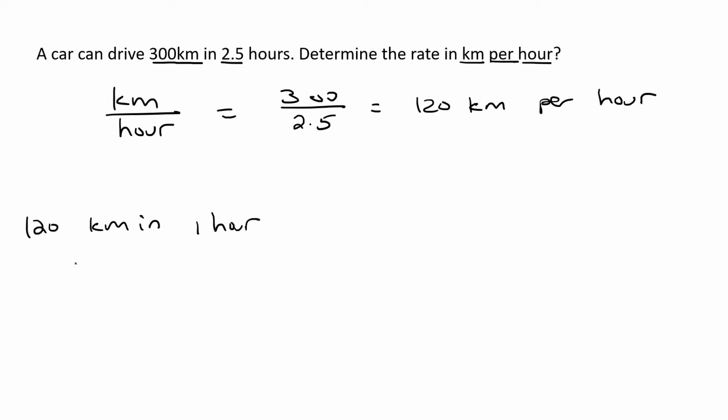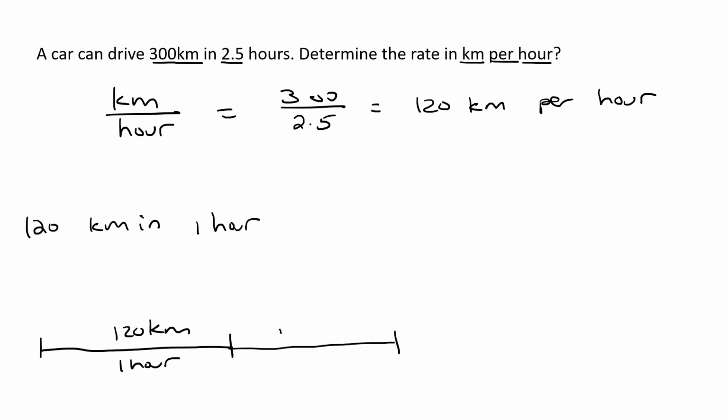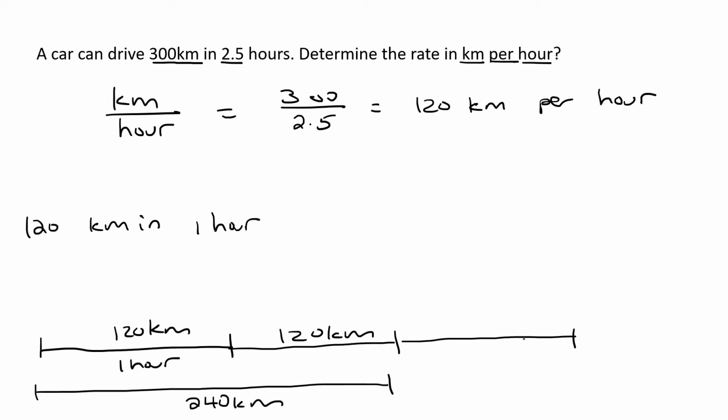So then how far can it drive in 2 hours? Well, think about that. It can drive 120 kilometers. That's how far it can drive in 1 hour. So then in the next hour, it'll drive another 120 kilometers. So then how far has it driven altogether? Well, that means it's gone 240 kilometers. You see? And then in the next 1 hour, it can drive another 120 kilometers.